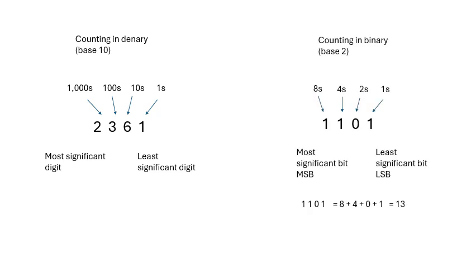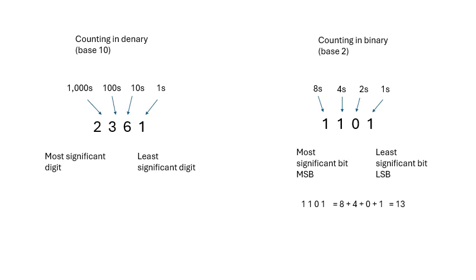Now, counting in binary, which is base 2, so this 1101, you've got ones and then twos and then fours and then eights and then 16s and 32s and 64s, etc. So 1101, that's a 1 and a 4 and an 8.